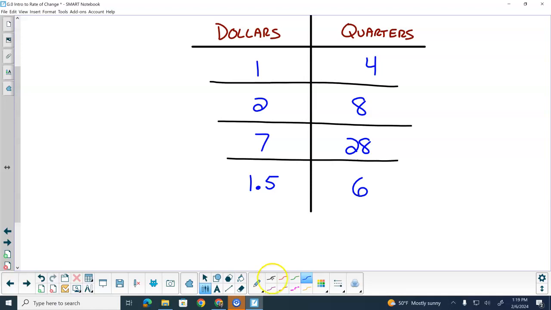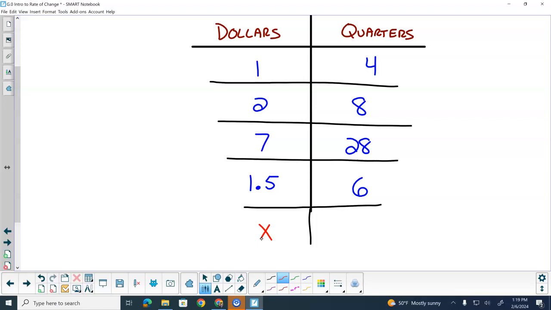If I have X dollars, how many quarters would I have? What are we doing with the X and the 4?